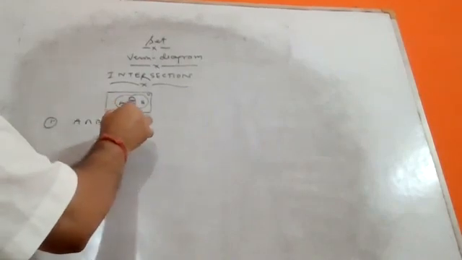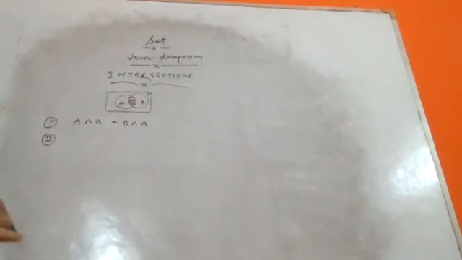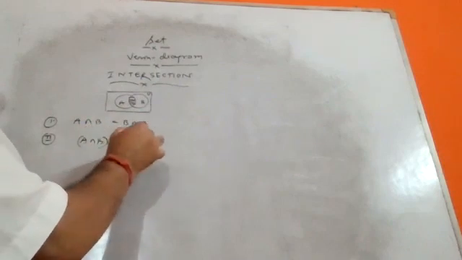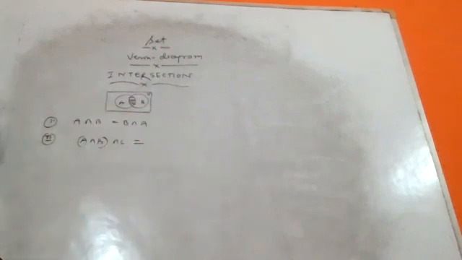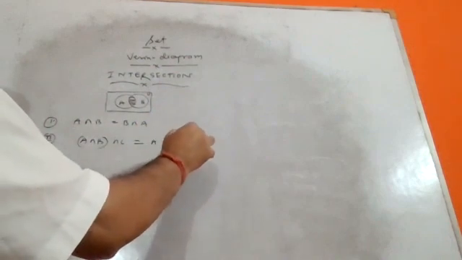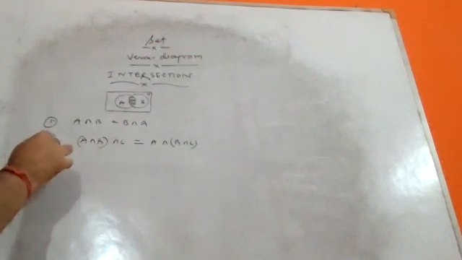So first property is what? A intersection B should equal B intersection A. Right? And the second property is what? A intersection B intersection C should equal A intersection B intersection C, associative. Right? And the third property is what?